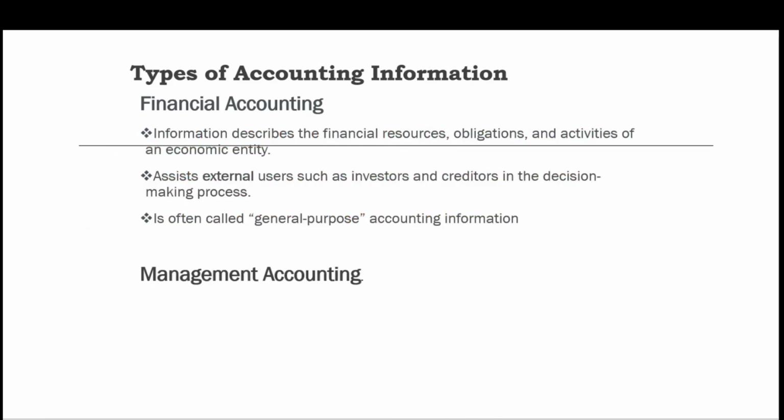Then we also have what is called management accounting. This is confidential information. If the competitors of the business get hold of it, they can ruin your company. So as an accountant, you are also supposed to prepare the management information pack. This information is just for management, and it entails a whole lot of things.